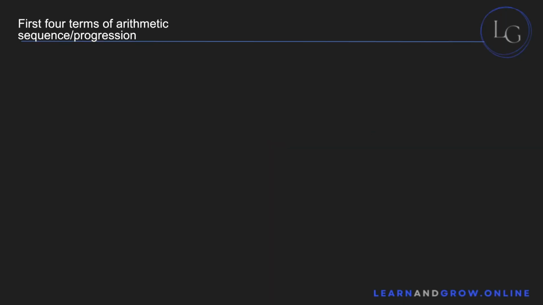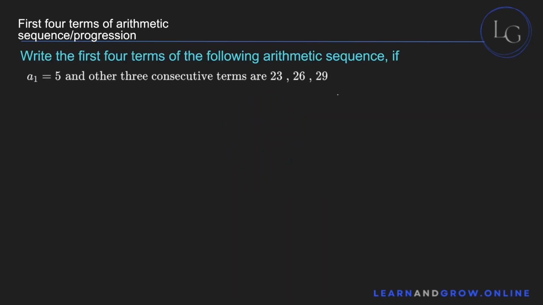Now we discussed what an arithmetic sequence is in theory. Now let's implement it. With this example, it says here we have to find the first four terms of the following arithmetic sequence. The first four terms are obviously a1, a2, a3, and a4. a1 is already given to us, that's 5.